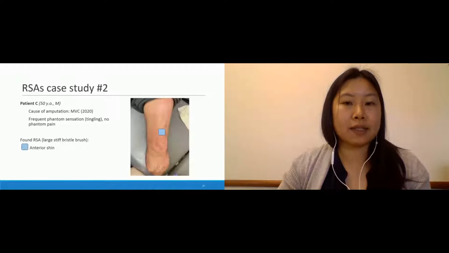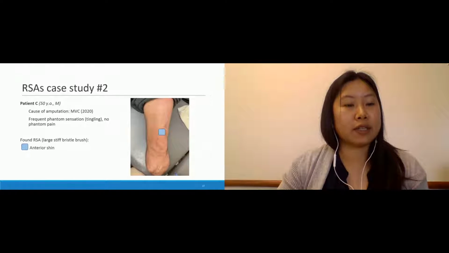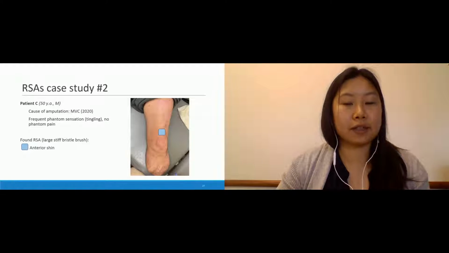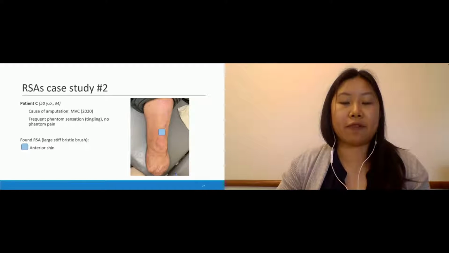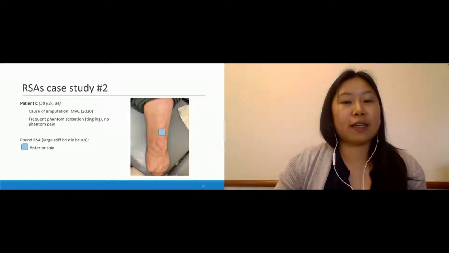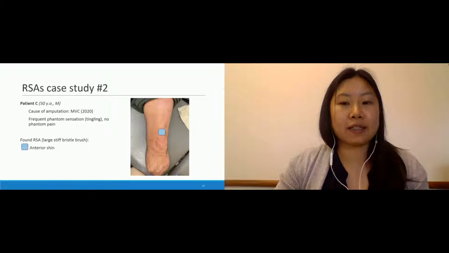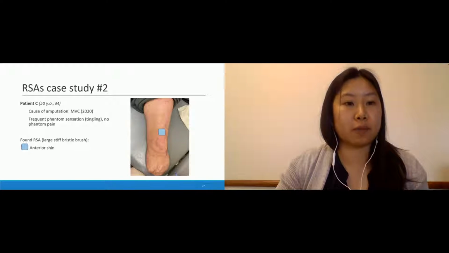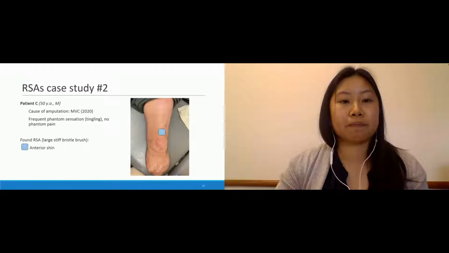After the mapping process of both his upper and lower limb, we were able to find 1 referred sensation area over his patella, and this correlated to his anterior shin, just distal to his amputation level. Interestingly, we were able to elicit this sensation with a stiff bristle brush, but not so much with a softer brush as we did in the first patient.